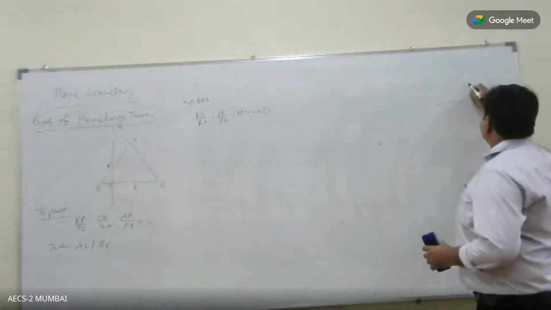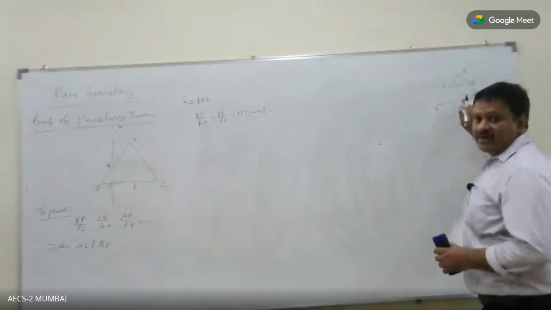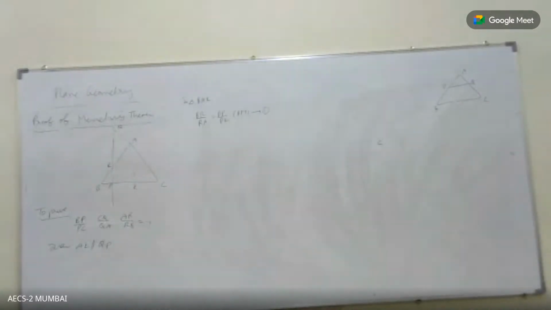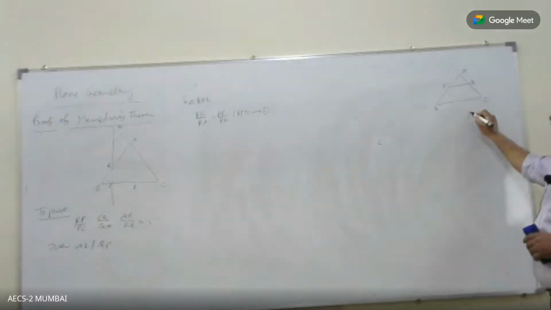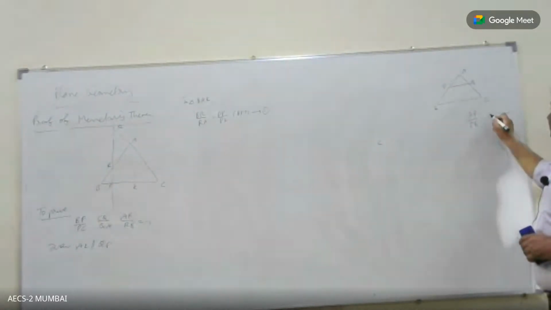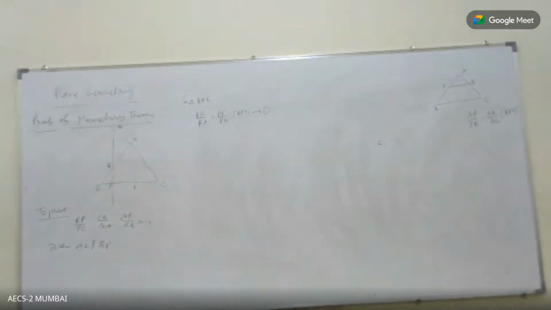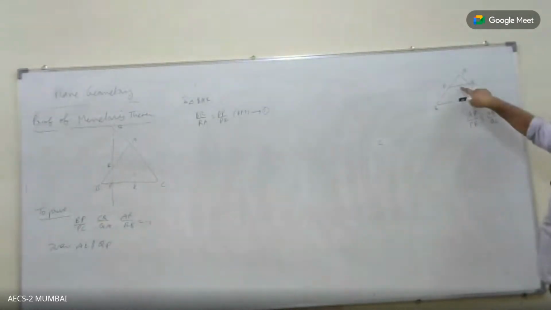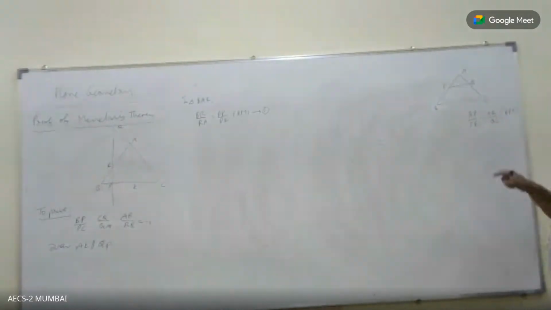Take this triangle ABC. Let us say PQ parallel to BC. In a triangle, PQ parallel to BC, we have the result AB by PB equal to AQ by QC. This is called BPT. In a triangle, if a line is parallel to the third side, it divides the other two sides in equal ratio.